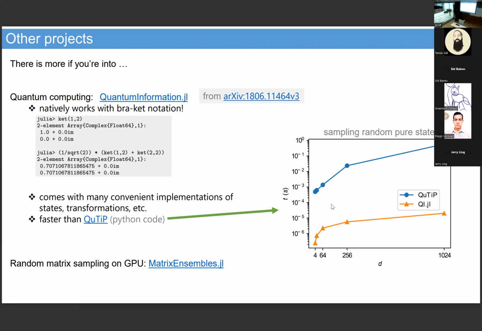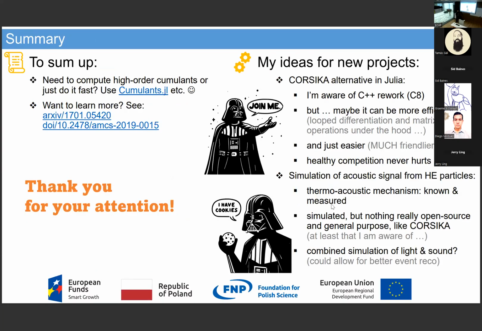It natively works with bracket notation, so you can very conveniently compute your stuff through this library. So if you are doing stuff more on the quantum side, definitely check that out. And there's also another smaller one for generating random matrices on GPUs.